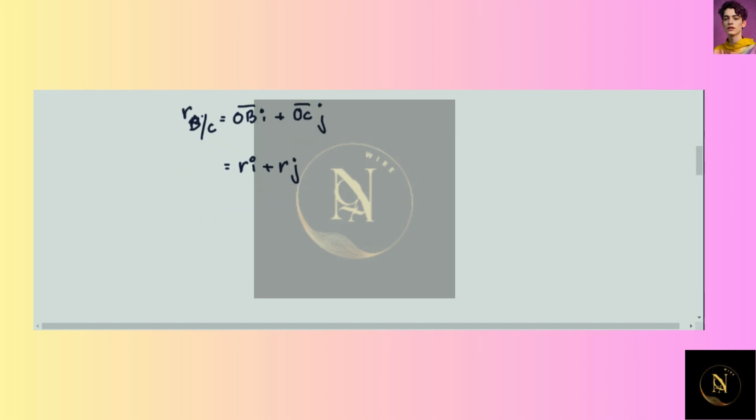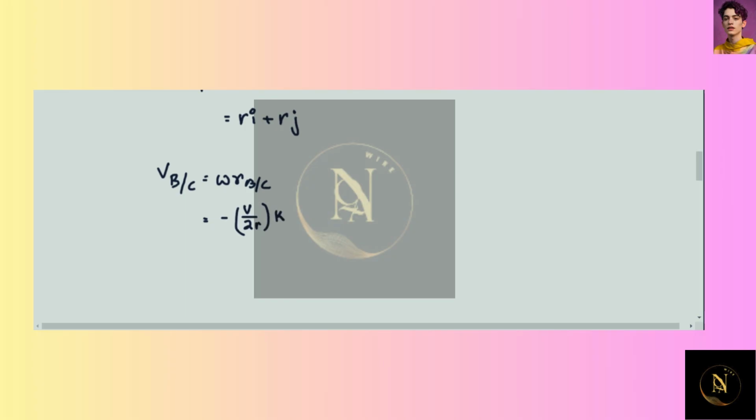Now the relative velocity of point B with respect to C is omega cross r BC. Omega is minus v upon twice R k multiplied by R i plus R j. From this, the velocity of point B with respect to C will be 0.5 v i minus j.